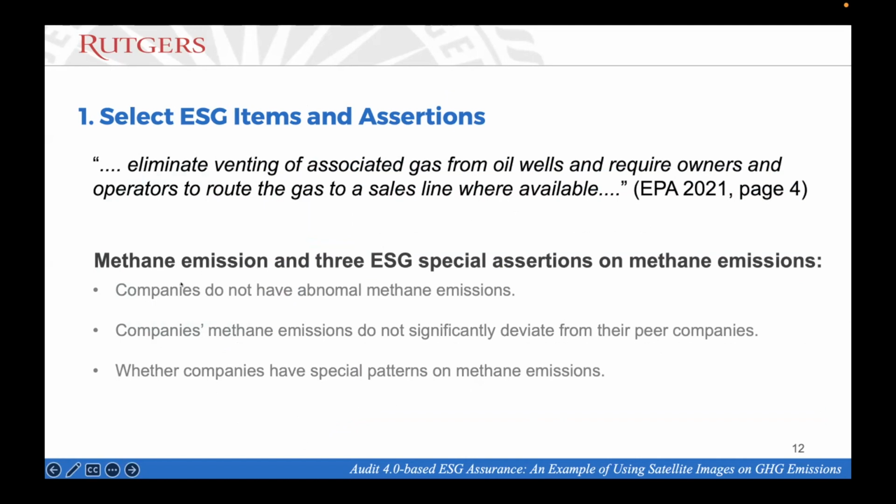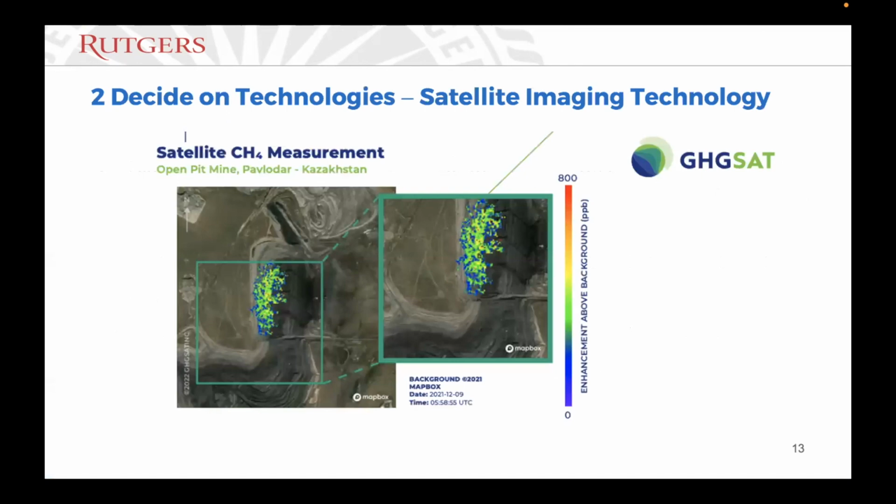So we can examine the 3 ESG special assertions on methane emissions: that companies do not have abnormal methane emissions, that companies' methane emissions do not significantly deviate from their peer companies, and whether companies have special patterns in methane emissions.